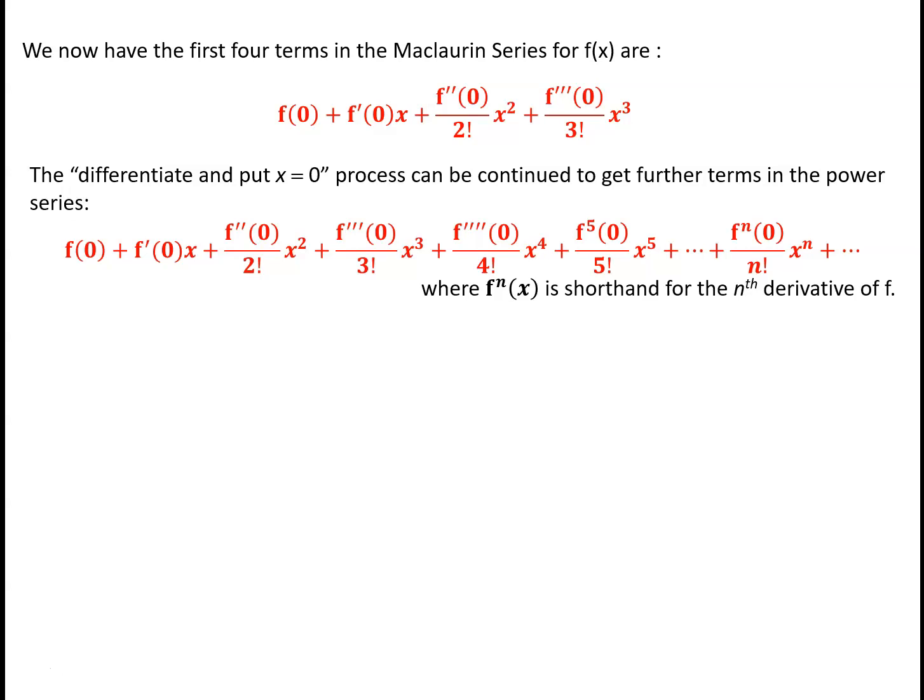And if we did this, we would obtain f of 0 plus f dash 0 times x plus f double dash 0 divided by 2 factorial x squared plus the value of the third derivative of f at 0 divided by 3 factorial times x cubed, plus the value of the fourth derivative of f at 0 divided by 4 factorial times x to the 4, plus the value of the fifth derivative of f at 0 divided by 5 factorial multiplied by x to the 5, and so on, with the general term being the value of the nth derivative of f at 0 divided by n factorial times x to the n.